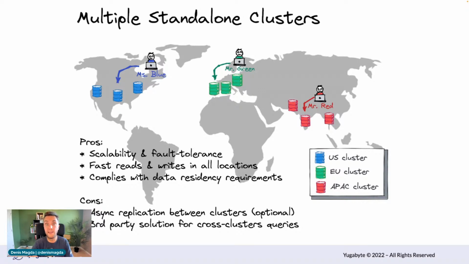The only disadvantage that might exist for some applications is that if you need to query data from all of those clusters, then you need to connect to all of those databases, get data, and merge this data somehow, use some third-party solution for federated queries, or implement it in your application. And also the changes are sent asynchronously, but at least this is also a good and feasible option.